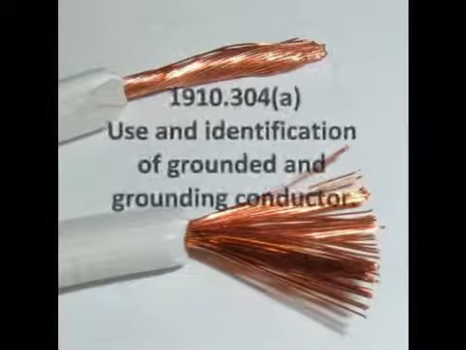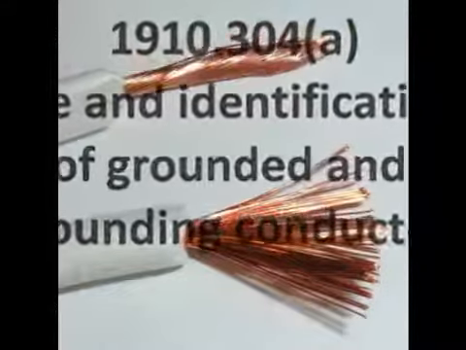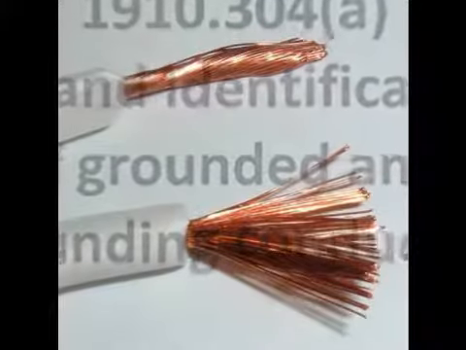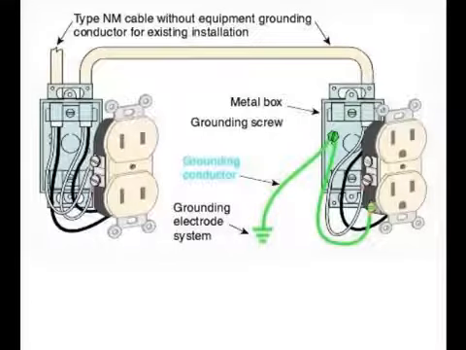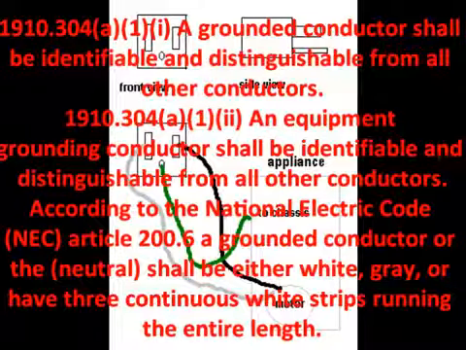In the next subpart, we will be talking about the identification of grounding and grounding conductors. Under the wiring design and protection section, it says, a grounded conductor shall be identifiable and distinguishable from all other conductors.